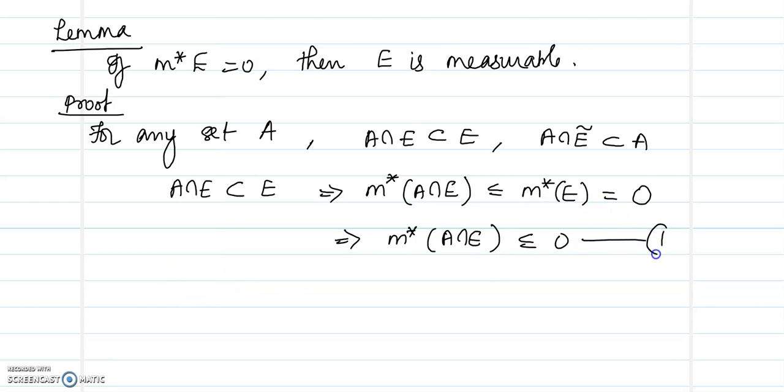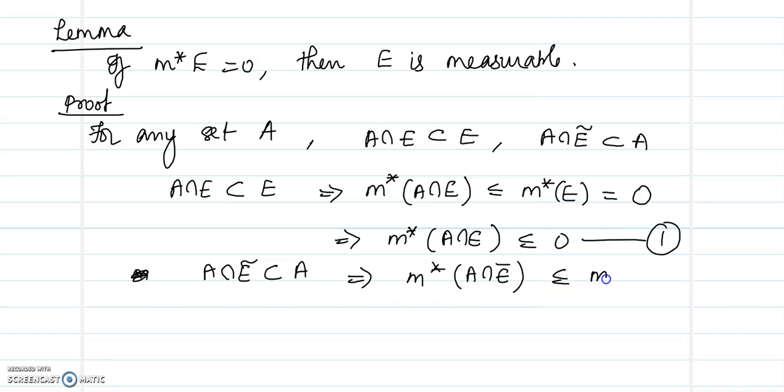Call this equation 1. And from the second set, A intersection E complement is contained in A, so m star of A intersection E complement will be less than or equal to m star of A. Call this equation 2.